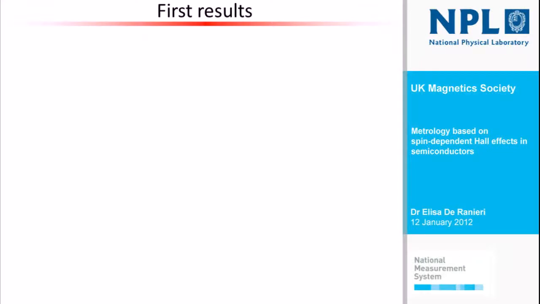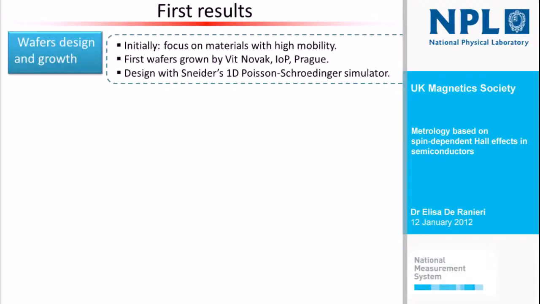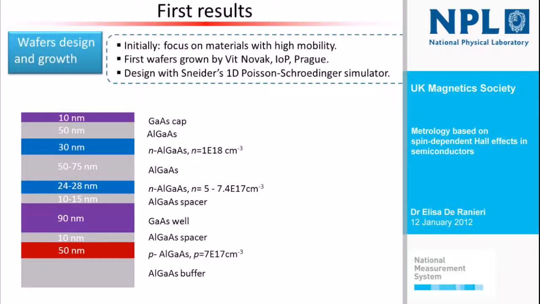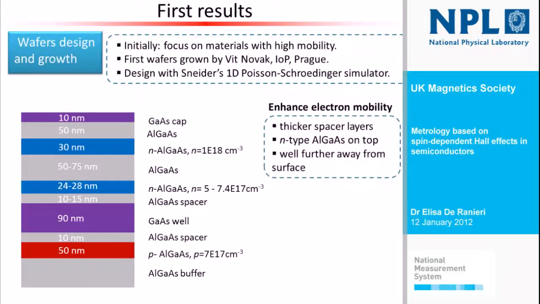Okay, so as I said, the project has been running for 6 months now. We have some first results. The first task was about designing and growing new wafers, and we want to focus initially on materials with high mobility, and later on move hopefully to materials with a different spin orbit strength. And I could work with some first wafers grown by Novak in Prague, which have, as you can see, an inverted structure with respect to what I've just shown you.